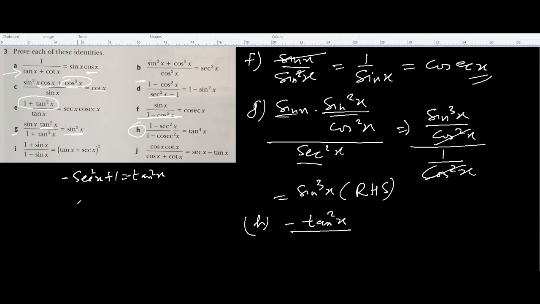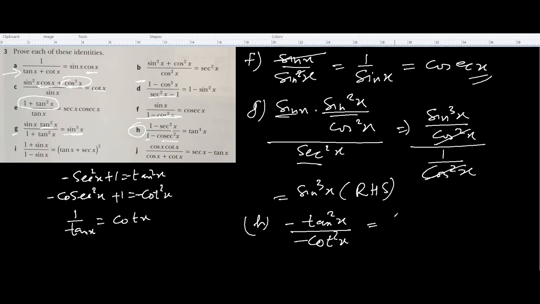1 minus cosecant square x. We also know that cosecant square x minus 1 is cot square x. Again, its signs are changed. That means this is negative, this is positive, so this will become negative. So it will be minus cot square x, that is the denominator. And we also know that 1 over tan x is cot x, that is the reciprocal.